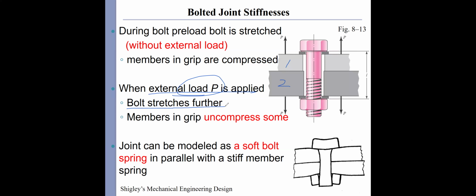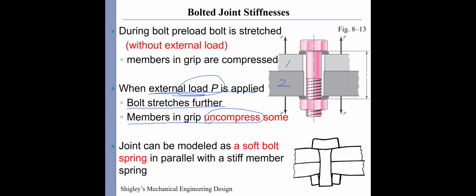Without external load the bolt feels stretched, and with the external load the bolt is stretched further. And the members in the grip are uncompressed. That means they are not fastened so tightly; they become a little bit loosened. You know what I'm saying? So the members feel, okay, I'm being uncompressed.